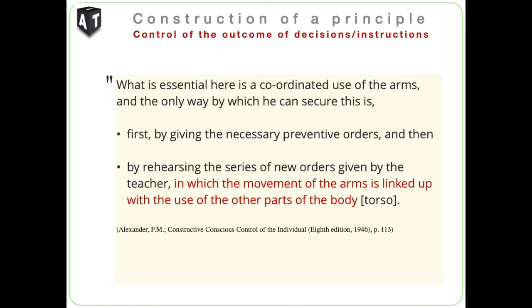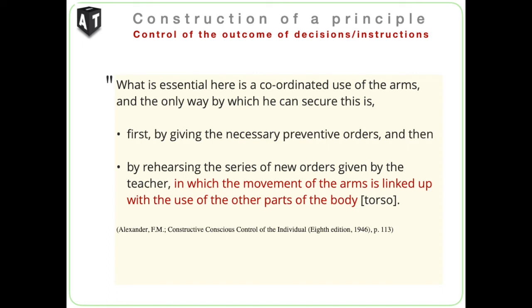What this hands on the back of the chair procedure has to do with what we are looking at the moment is it starts, of course, by having the hands move forward in space to rest on the top of a rail. Well, it's just a stimulus. It's a stimulus to bring the hands forward in space. And so what is essential here in this idea is a coordinated use of the arms.